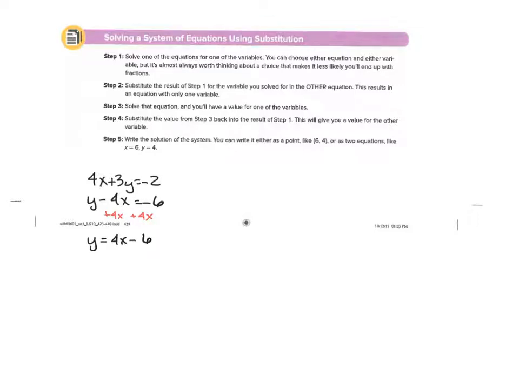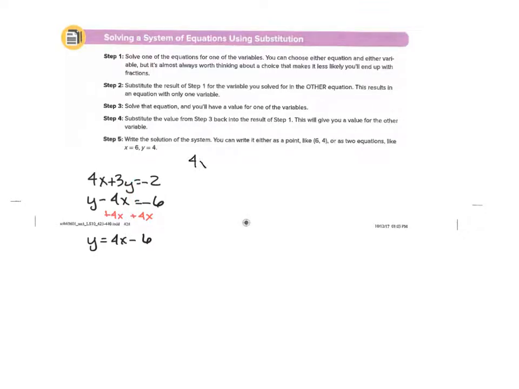So step 2 says substitute the result of step 1 for the variable you solved for in the other equation. The result is an equation with only one variable. So what I'm going to do is I will substitute 4x minus 6 in for the y of this equation up here. All right, let's give that a whirl.